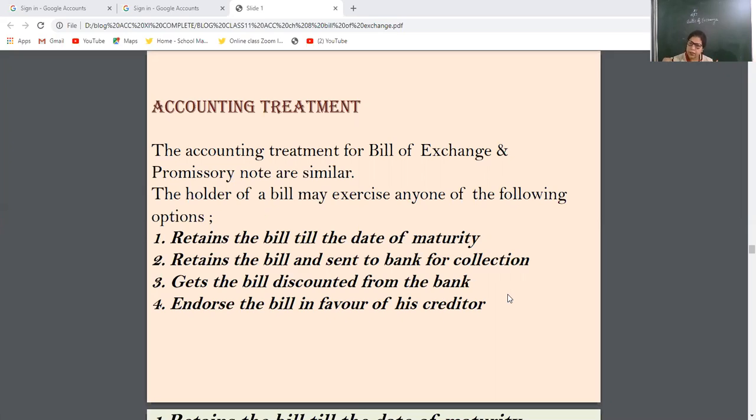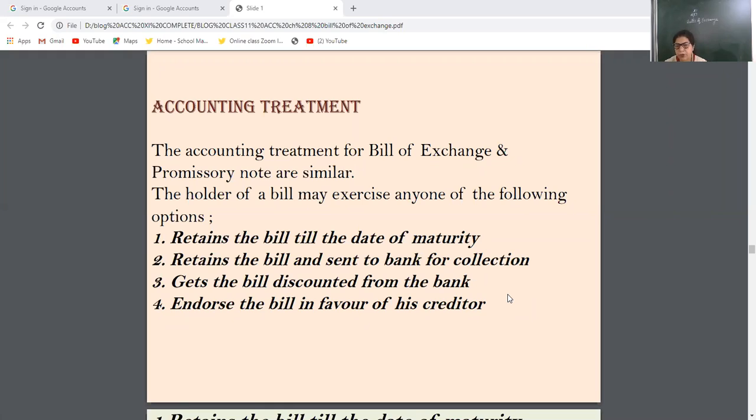Retain the bill till the date of maturity, which means the drawer will not do anything and keeps that bill with him till the maturity. And second, retain the bill and send to bank for collection. It means the drawer will not do anything but sends the bill for collection to the bank, because banks provide collection services by charging some charges.